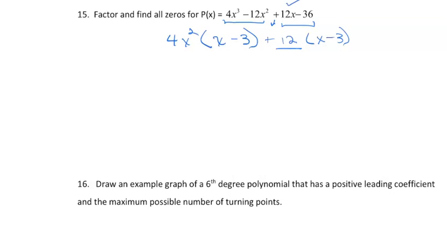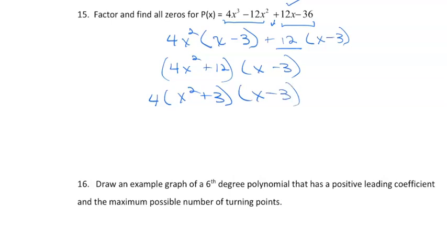That gets me this back. Okay, so what do I have now? My factored form is going to be 4x squared plus 12 times x minus 3. Now, let's make my life a little bit easier. Can't I factor out a 4 and make this x squared plus 3?